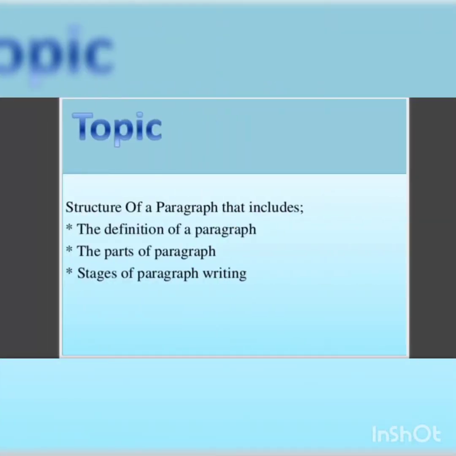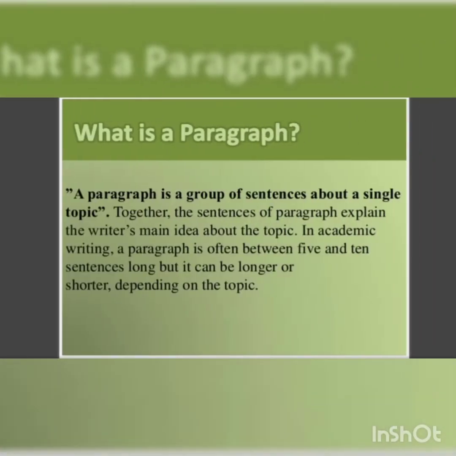Okay, now let's see. You can see here on the screen the structure of a paragraph. What should be the structure of a paragraph? The structure of a paragraph must include the definition of the paragraph, the parts of a paragraph and the stages of paragraph writing. Let's explore it further. Now, what is a paragraph? A paragraph is a group of sentences about a single topic. The topic remains the same.